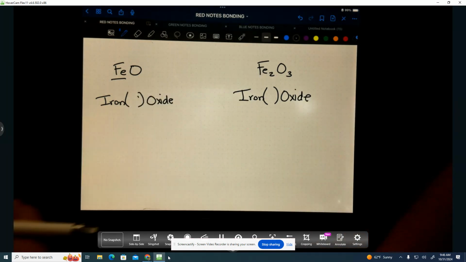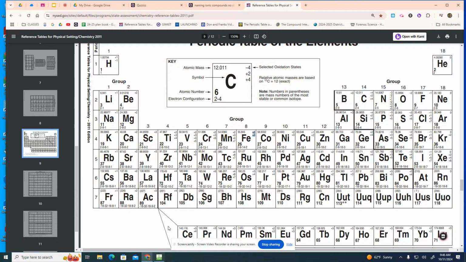So we will use it for things like titanium, vanadium, chromium, manganese, iron, cobalt, nickel, copper, not zinc, niobium, technetium. Yeah, I can't say that word. Gold, lead, wherever the lead is, down here, mercury.